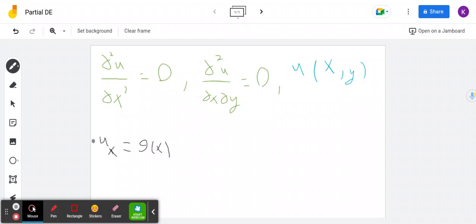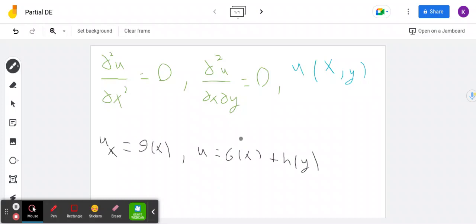Now the partial derivative with respect to x of u is equal to g of x. If we integrate this, we get that u is equal to the integral of g of x, which we can call capital G of x, plus c. But again, we make that c a function of the opposite variable, here h of y, a function of y. To check if our answer is correct, first we differentiate u with respect to y.